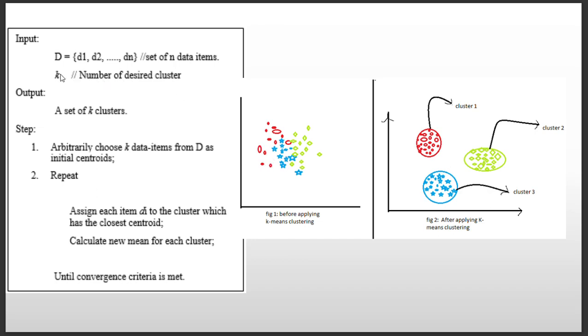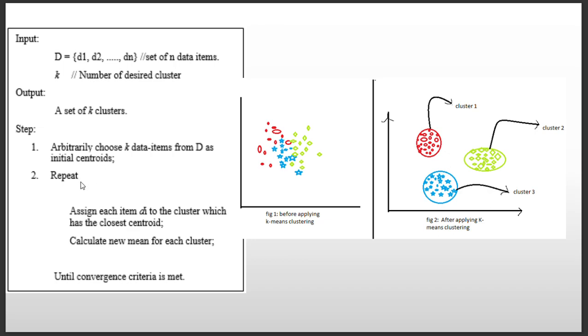We will first input some data points, and we will give the number of clusters, how many clusters we want, some 3 or 4 or 5. Later we will calculate with this similarity matrix which cluster suits best. Let us say 3 clusters.